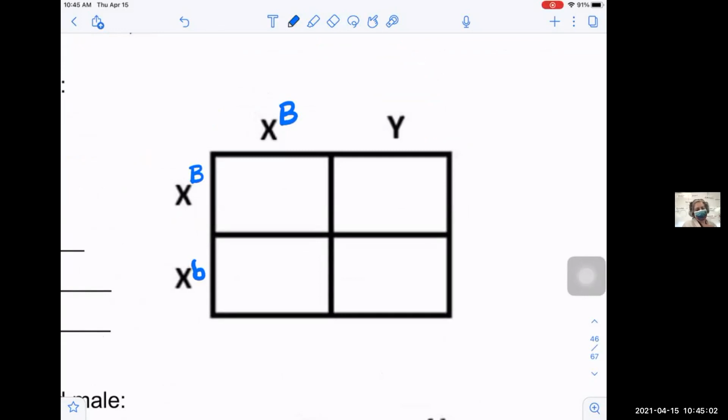Now, we have rules when we fill in Punnett squares. Dominant still goes before recessive if there are both, and then X always goes before Y. So don't ever write the Y first.